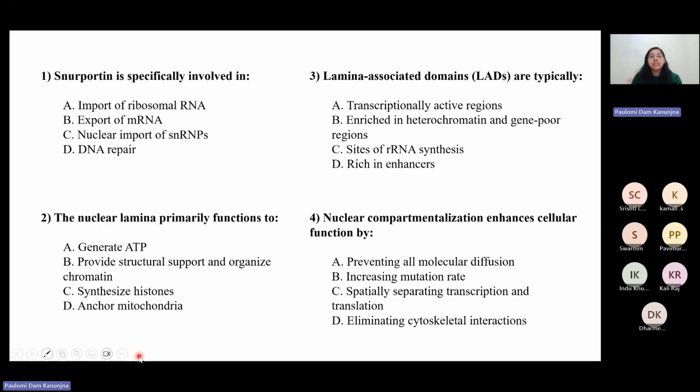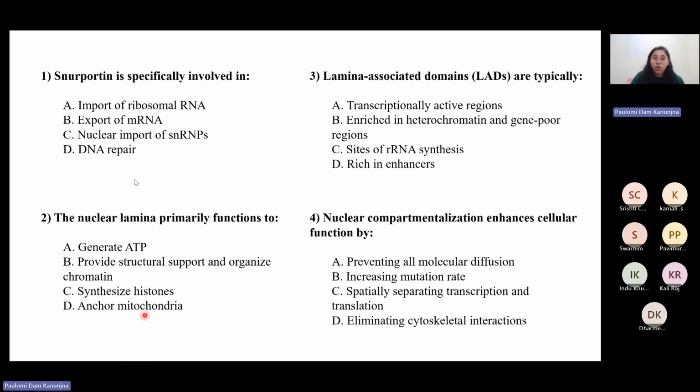functions? The nuclear lamina, which we discussed, primarily functions to do what? What is the functionality of nuclear lamina? Lamina associated domain, this is what I was telling. What will this do? And nuclear compartmentalization enhances cellular function.